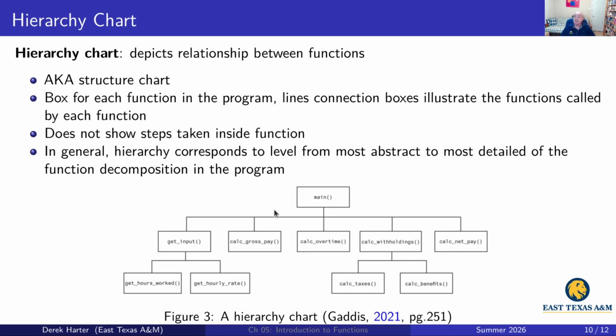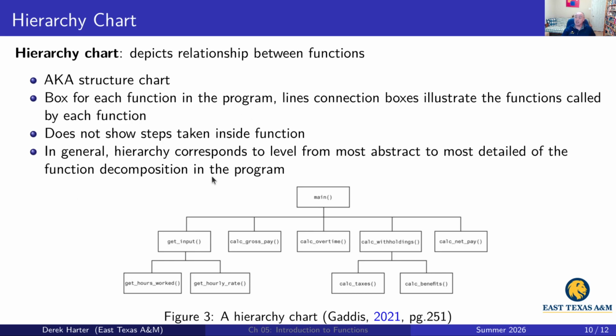Also, I'll just mention quickly, the textbook introduces the idea of hierarchy charts here. We'll talk about these some more later on in the course. These are another thing that you might create when you're designing a complex software system. These really just give the relationship between a function and the functions that it calls. So normally a hierarchy chart is going to give you a relationship between top level functions and then sub-functions that are used by the top level, and then sub-functions and so on.